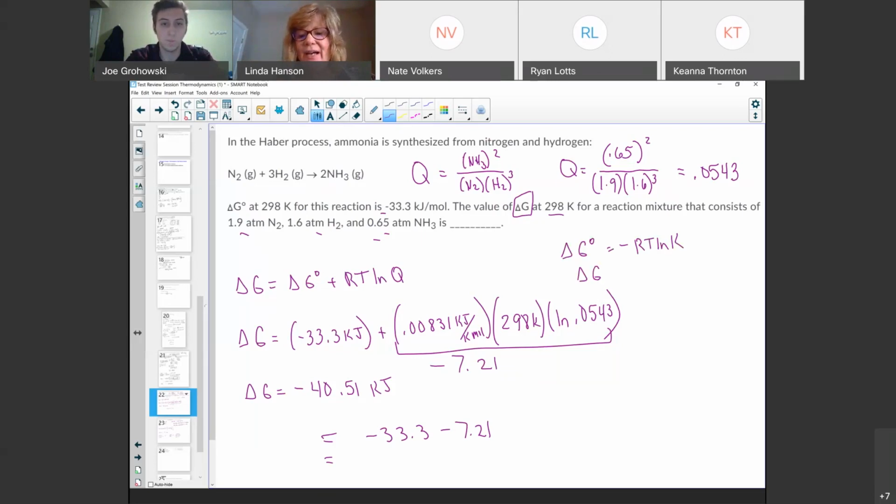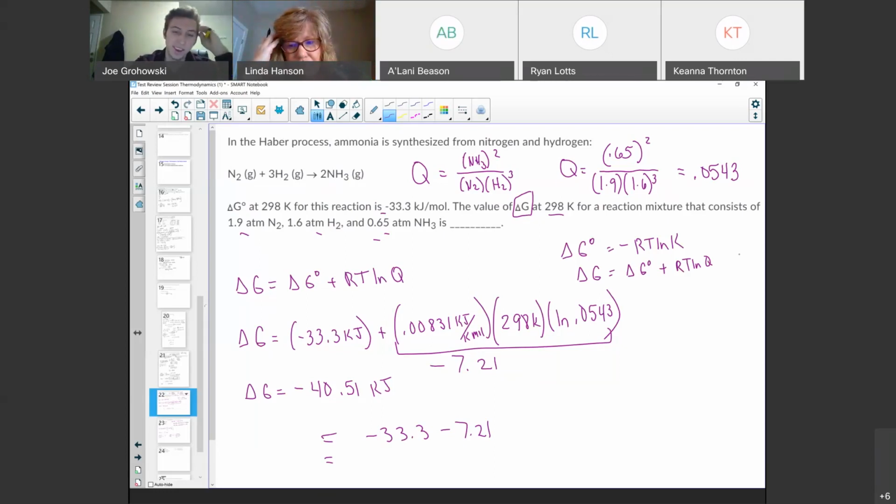But notice that here it is a little different, that it's now this equation. That's a really good point. That negative RT ln K, we've been using over and over and over, so maybe that carried in your mind. Okay, yeah, that's definitely what happened.